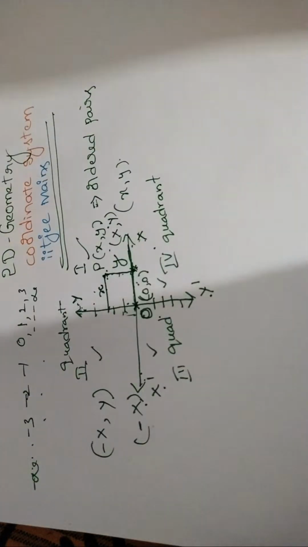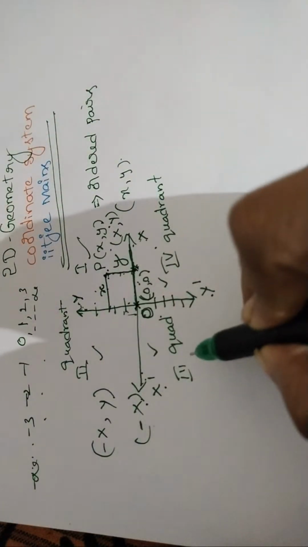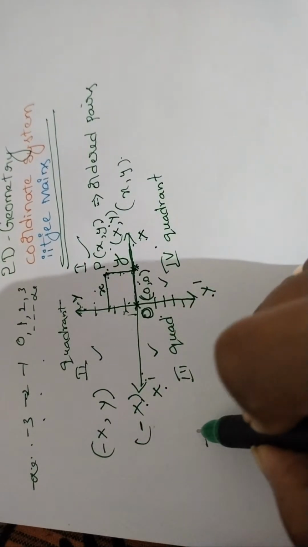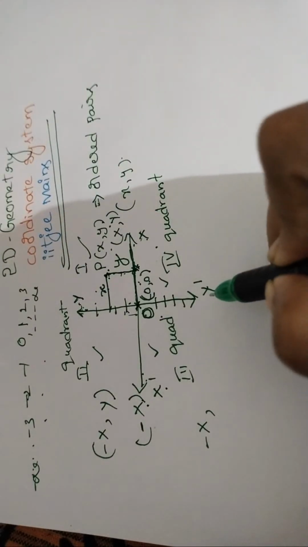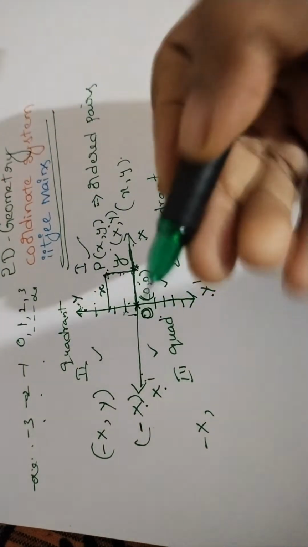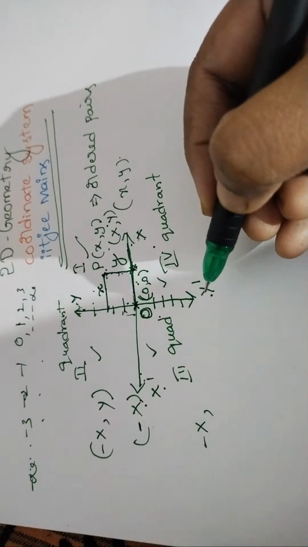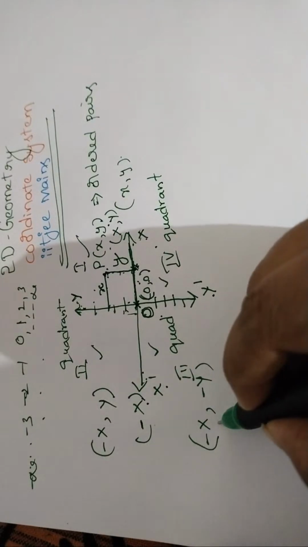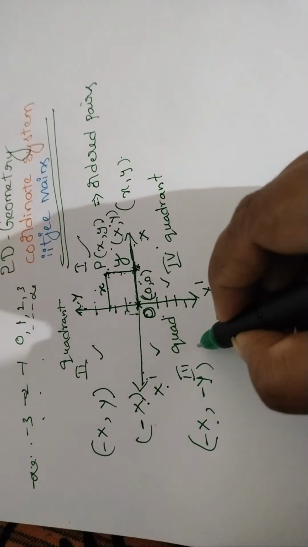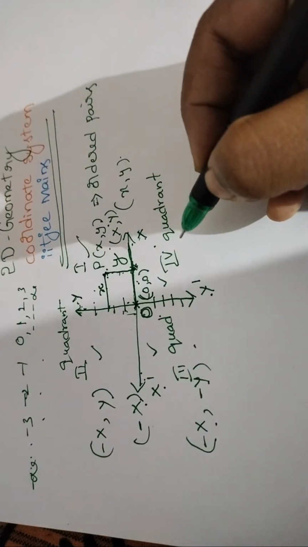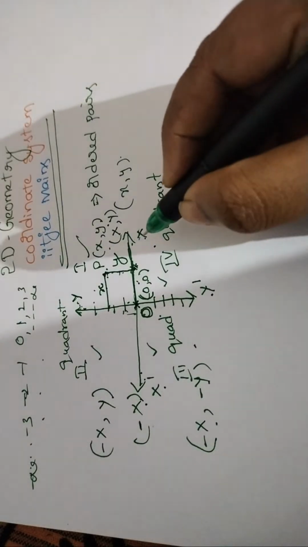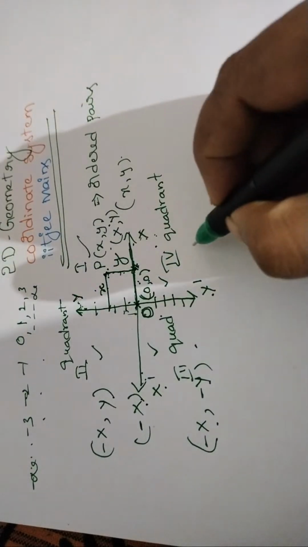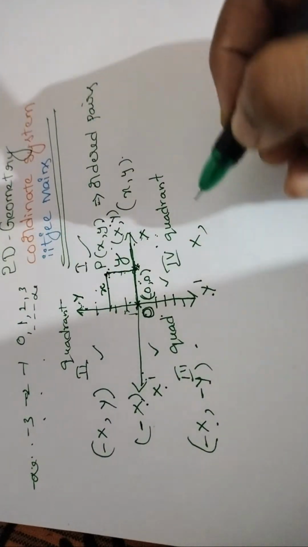Now go for the third quadrant. In the third quadrant, first we see x. What is x here? Minus x. And what is y here? Below 0 is minus, I told you. So minus y. Minus x comma minus y is the third quadrant. Next, the fourth quadrant. First we check x. Is it positive or negative? It is positive, so positive x comma.